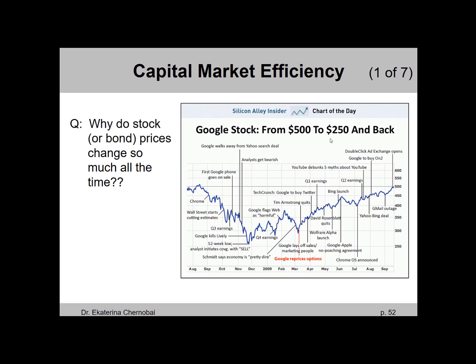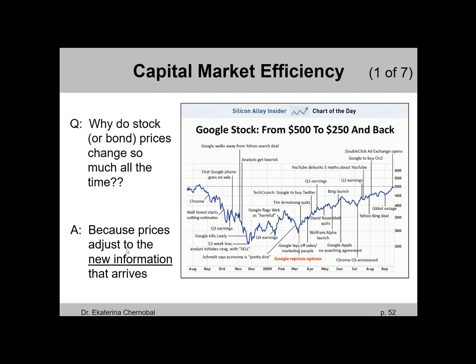So it's all the different things that happen that affect Google and how much people are willing to pay for Google stock shares that are actually the reason why stock share price fluctuates so much and so often. So it all has to do with the information that comes in that somehow makes people more hesitant to buy the shares, and so the price drops, or more willing to buy the shares, and so the price jumps.